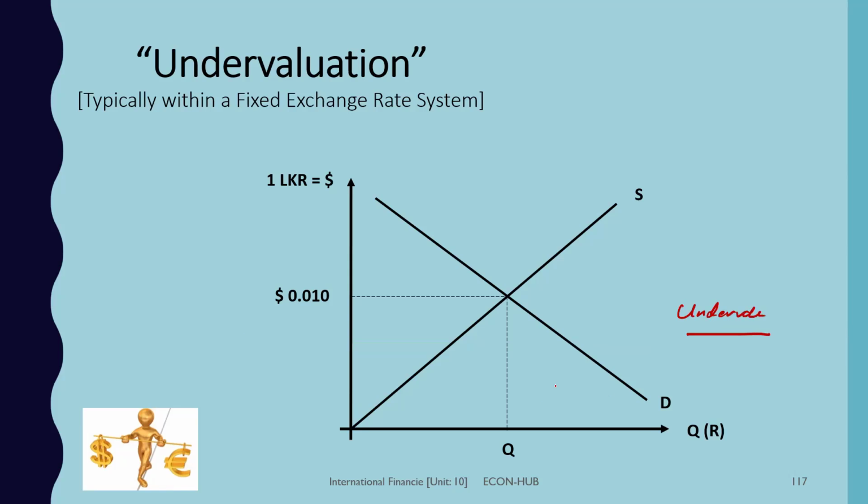Undervalued, right? Yes, it's correct, undervalued. Are we clear? Any questions on the concept? Then we look at the economic implications and how to correct this. But first, the concept. Any questions, please?